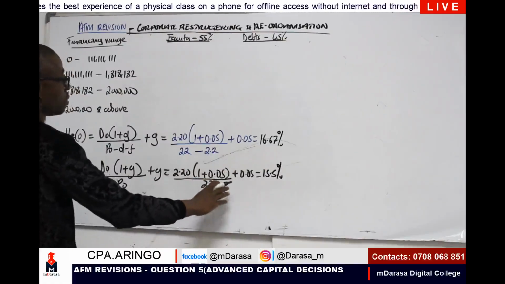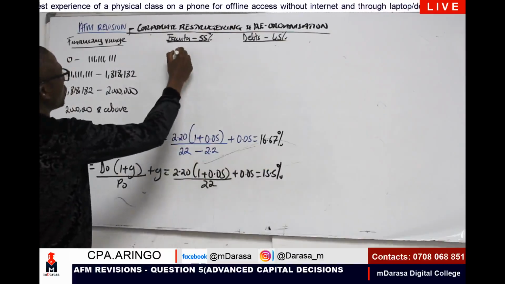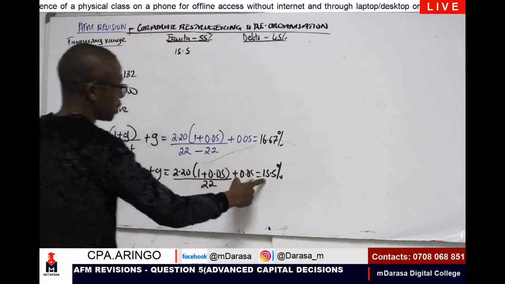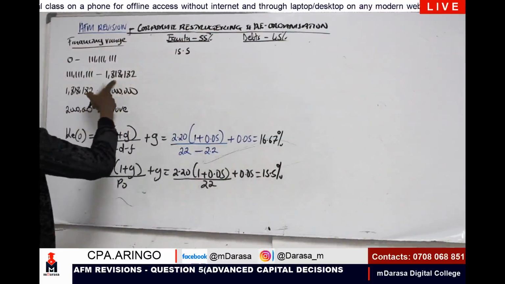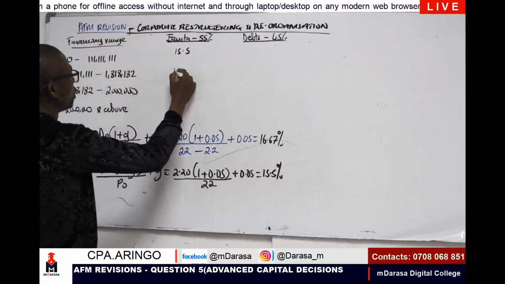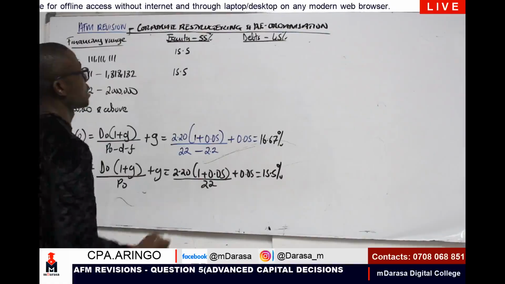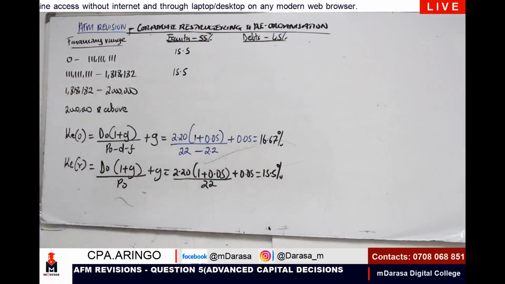We are going to use our retained earnings, which is 15.5%.